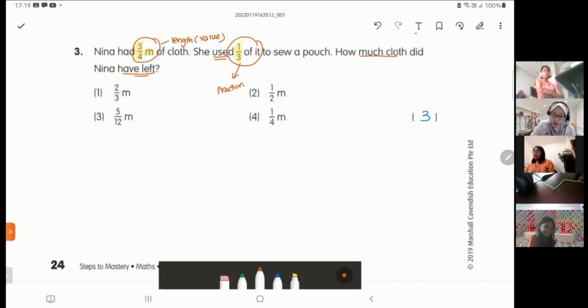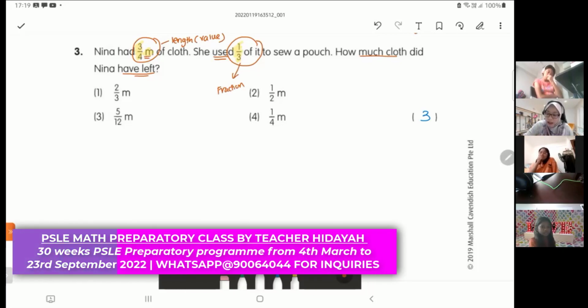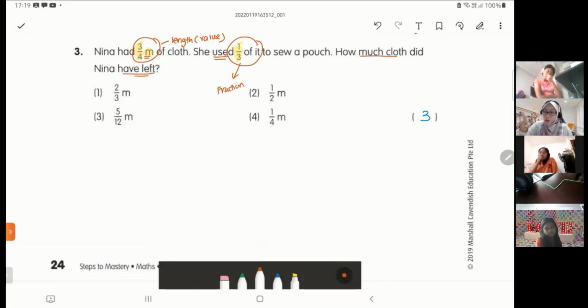When a fraction has a unit at the back, that is called the value. It can be 3/4 cm, 3/4 kg, 3/4 liters. As long as the fraction has a unit of measurement at the back, meter, cm, kilogram, gram, whatever, it becomes a value. It's no longer a fraction. A fraction is without any units of measurement.